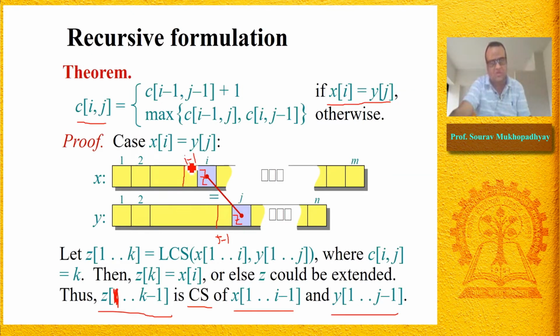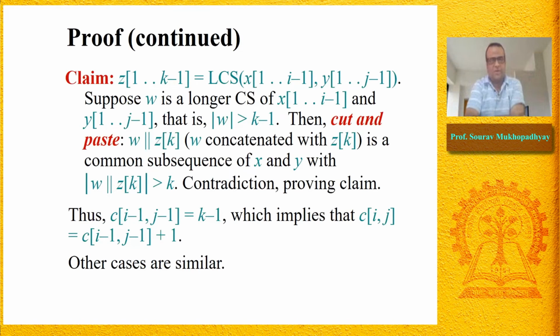If we add this common value to that, then we have a subsequence of length k plus 1, which contradicts the fact that Cij is k. So that is the argument. We are arguing based on this contradiction. Okay, so that is the proof.